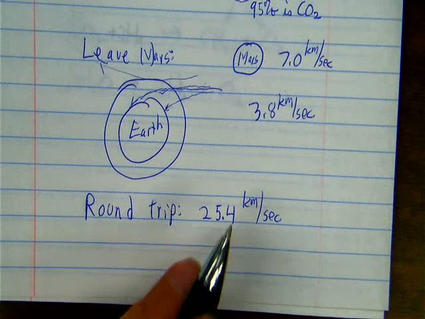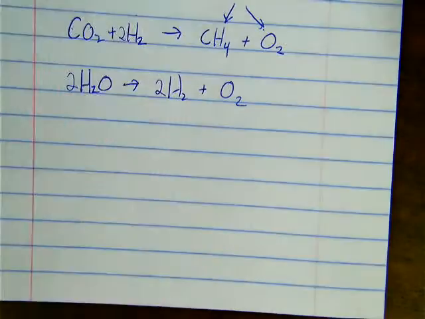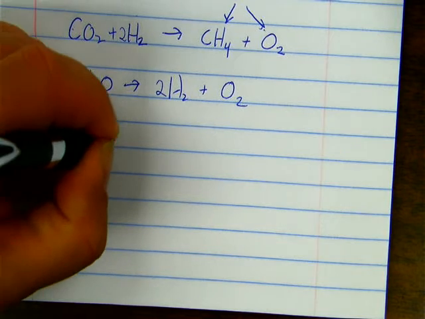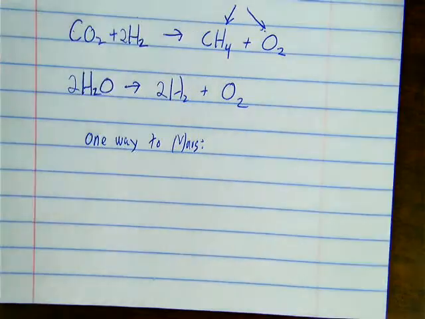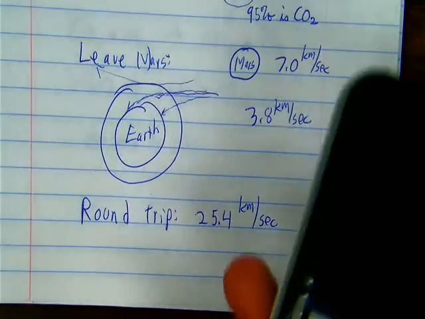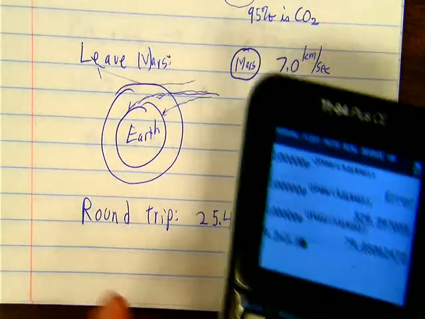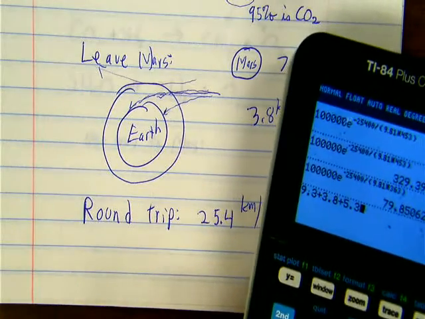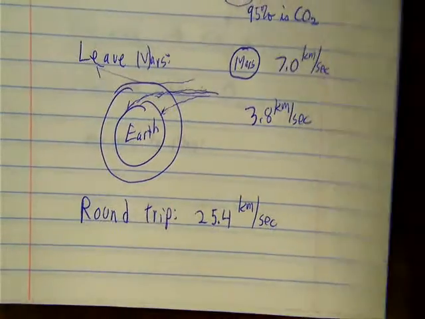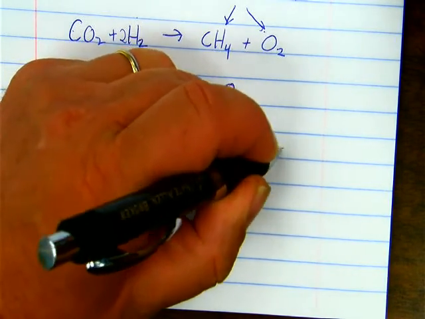The delta V to go to Mars, okay, so one way to Mars. What was that number again? So 9.3 plus 3.8 plus 5.3, I think was what I was using. So 18.4 kilometers per second.